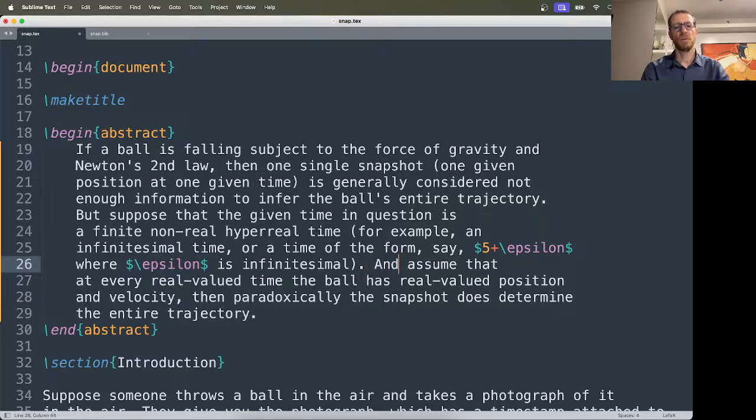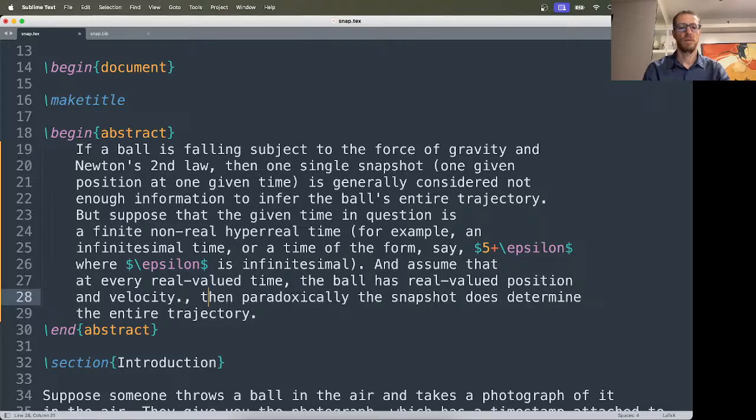And assume that at every real valued time, the ball has real valued position and velocity. Then paradoxically, well, change "supposed to" to "assume."